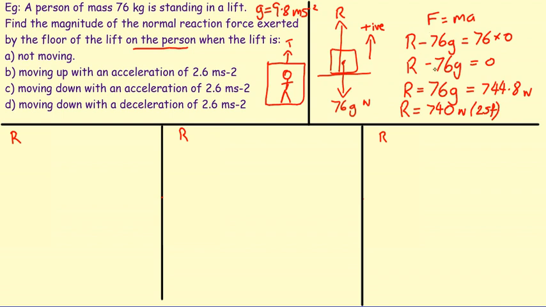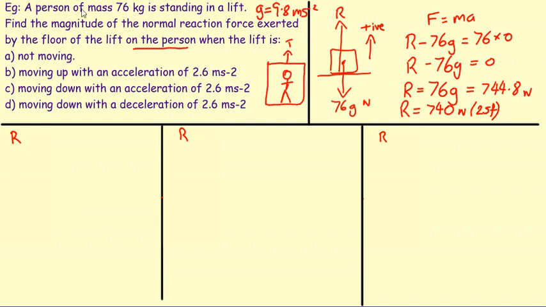So that's why these are equal to each other but opposite in direction. Don't get confused or start thinking that the reaction is always opposite and equal to the weight. That's not true, and we're going to see that now in each of these cases.